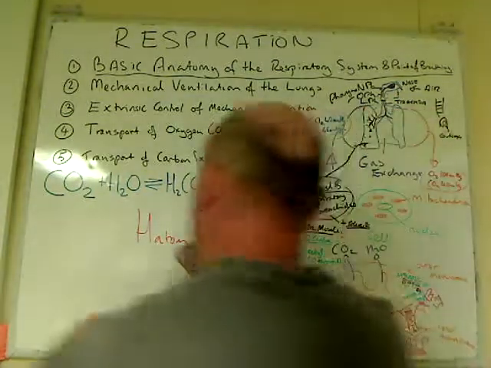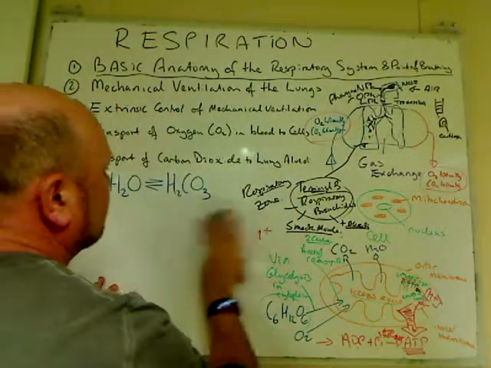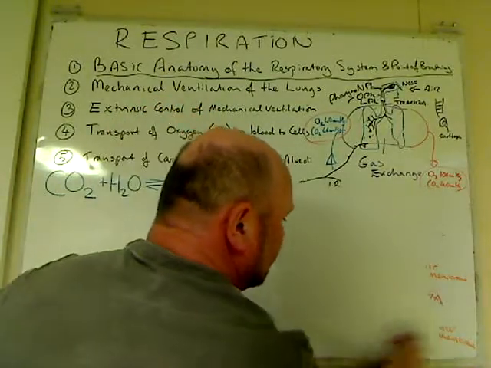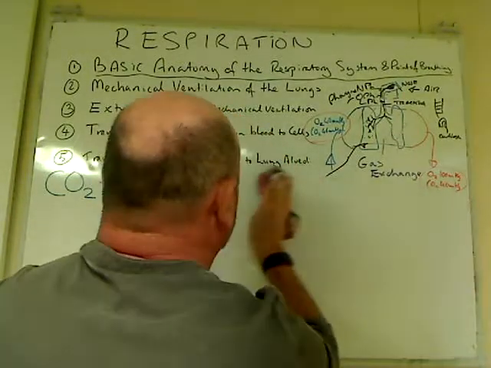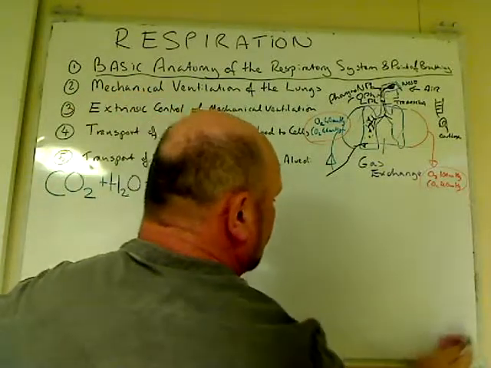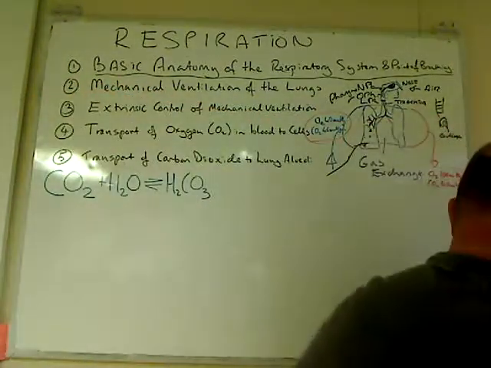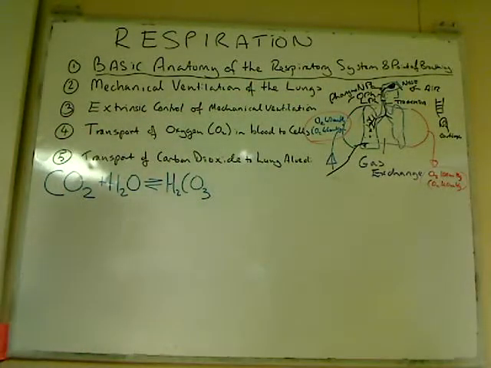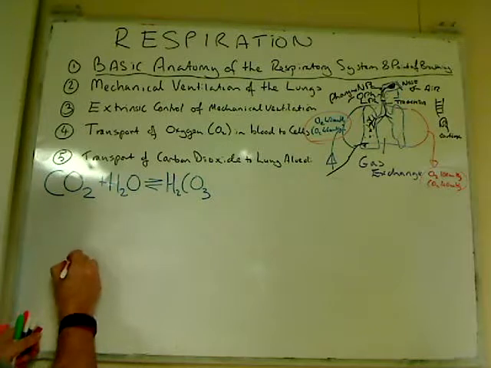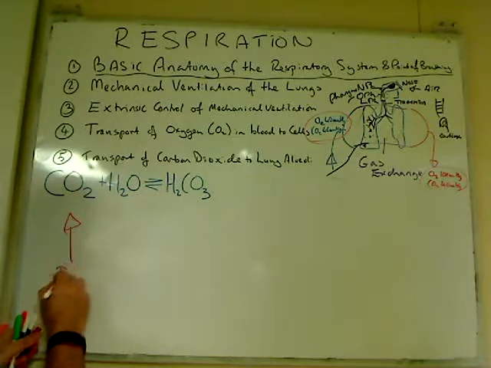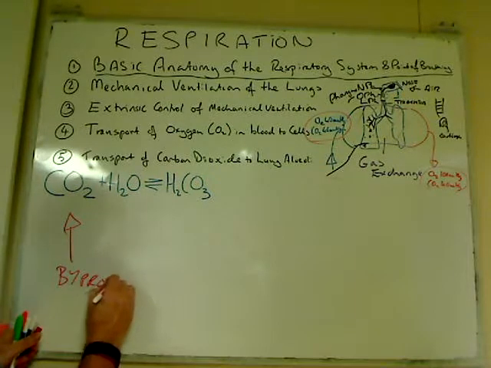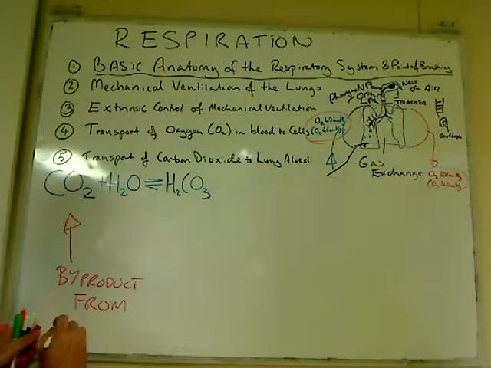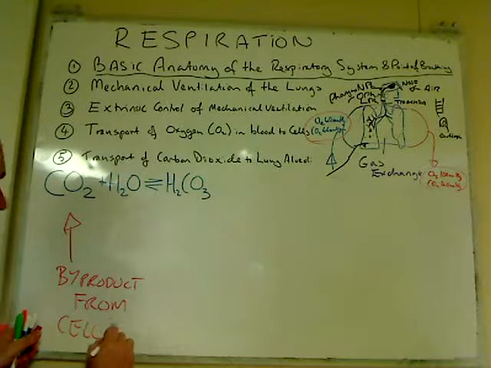First of all, I'm going to try and take this stuff off. Give me a bit more room to work with. Okay. So let's remind ourselves. Carbon dioxide is a byproduct from cell respiration.